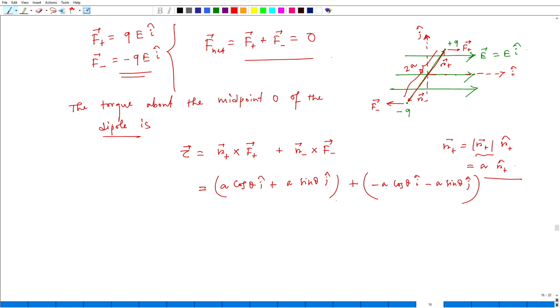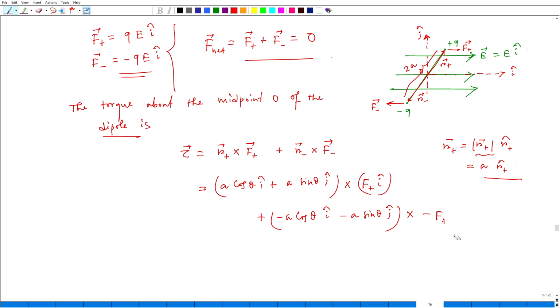So, the cross product of r plus, this is the magnitude times i cap, plus minus a cos theta i cap minus a sin theta j cap, cross minus F, minus i cap.